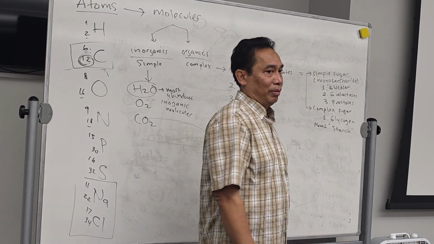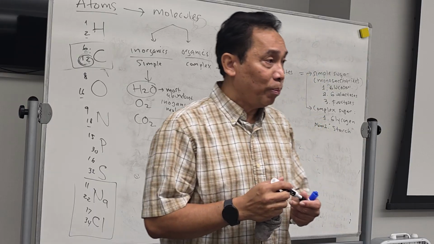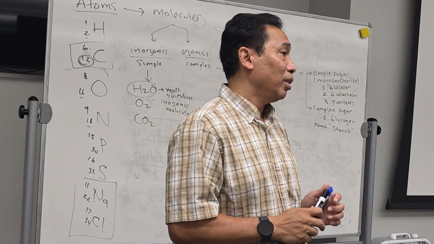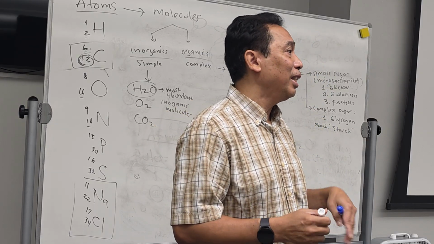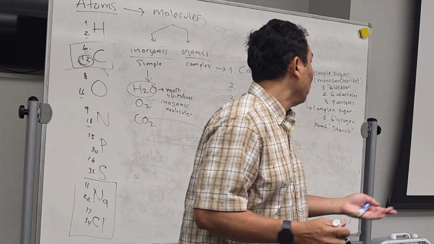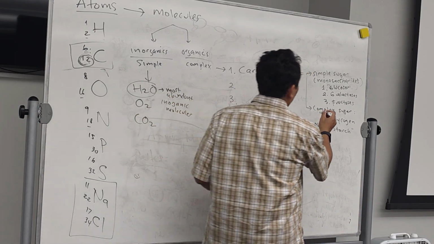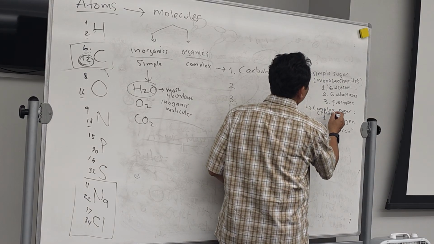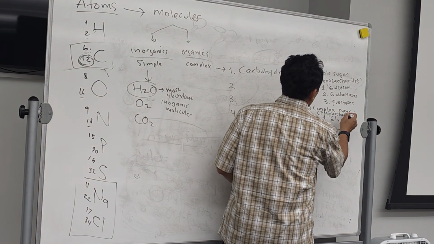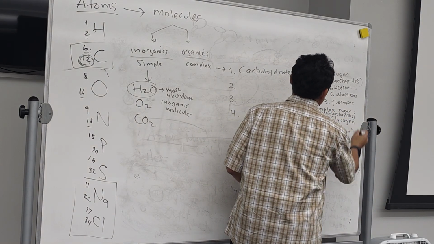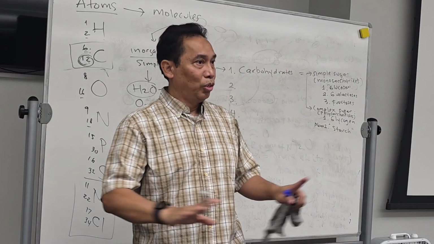Okay, starch. Like in potato, right? You have a lot of starch in it. That's actually complex sugar. Complex sugar, we also call polysaccharide. It has many sugars in it.